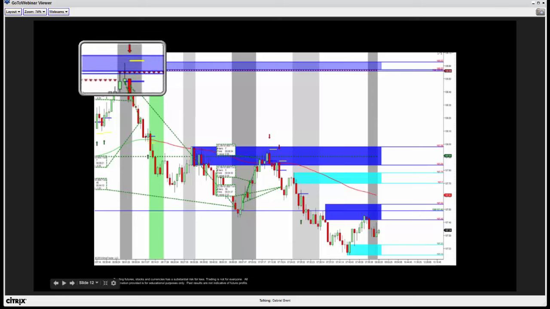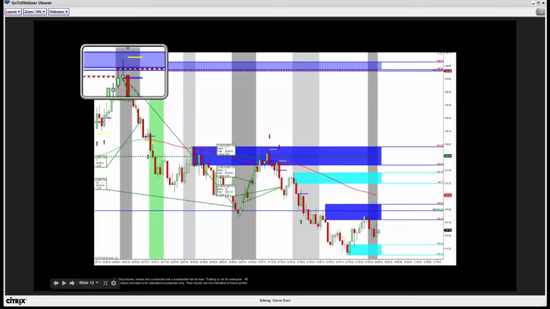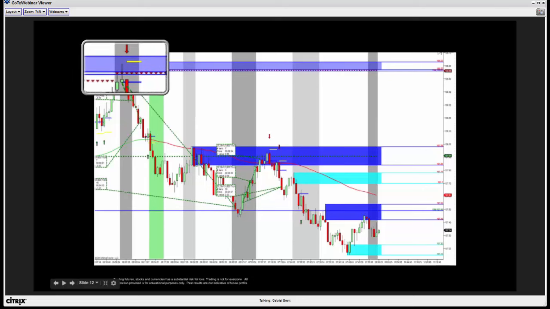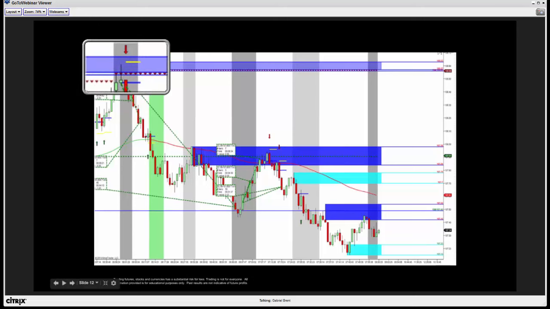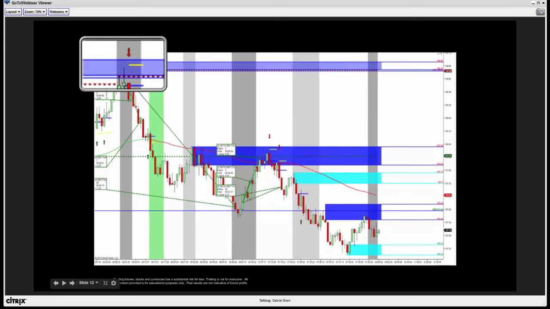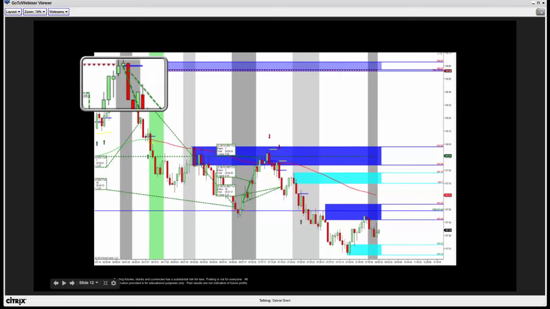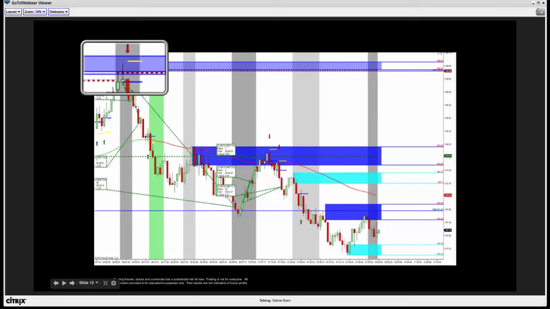So we can put our stop on one of two places. We can either put it on top of that wick right there, or we can put it on top of the blue zone. Now, as price interacts with an aqua zone, when that wick went into the aqua zone, it turned that zone blue. It did take a couple bars just because we want to make sure that price is actually respecting this level.